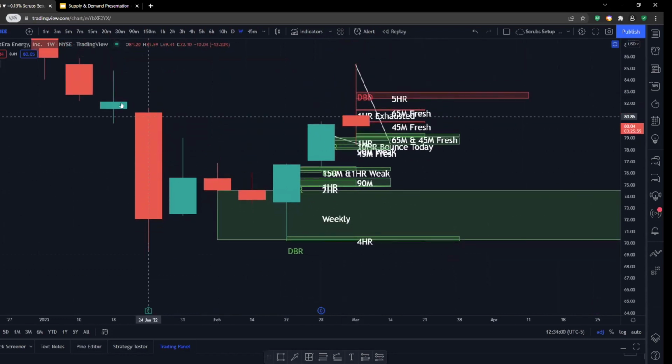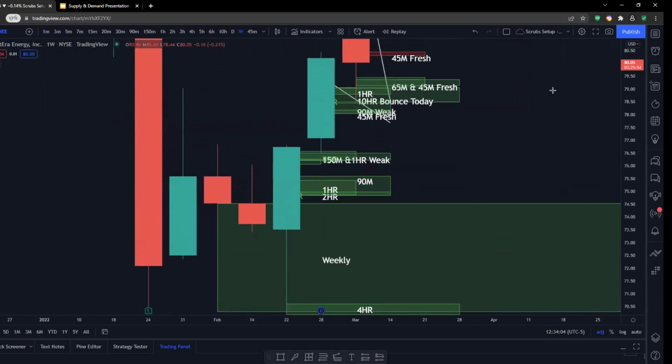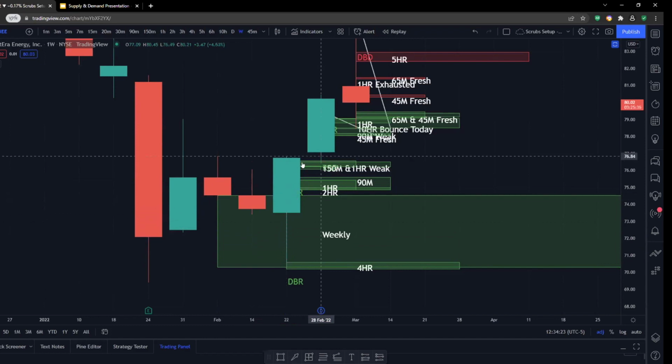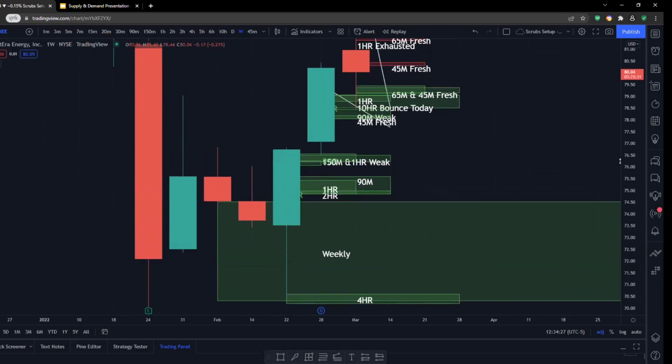We have a nice drop, then a basing, which is this candlestick right here. Then we have the imbalance, which is this. This is the equilibrium, where buyers and sellers agree on price action on this weekly candlestick. Then the imbalance is when we come right back up. That means not every buyer was able to get filled here.